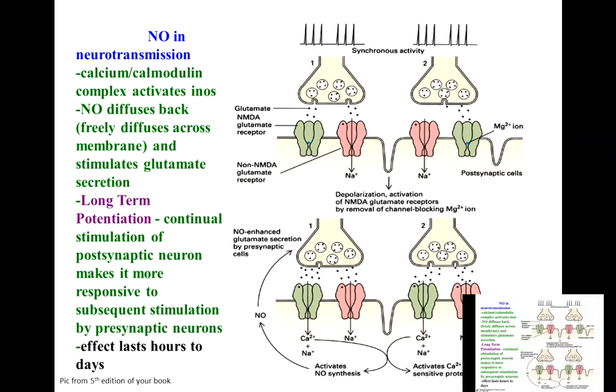Okay, so nitric oxide synthase is activated, and nitric oxide is made. And because it's a gas, it'll diffuse across membranes, and it actually diffuses back to the presynaptic cell. And the nitric oxide that travels back to the presynaptic cell makes it more likely for that presynaptic cell to release glutamate.